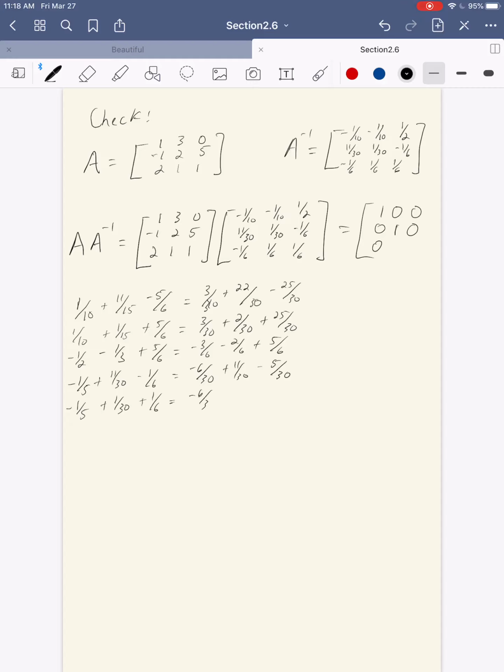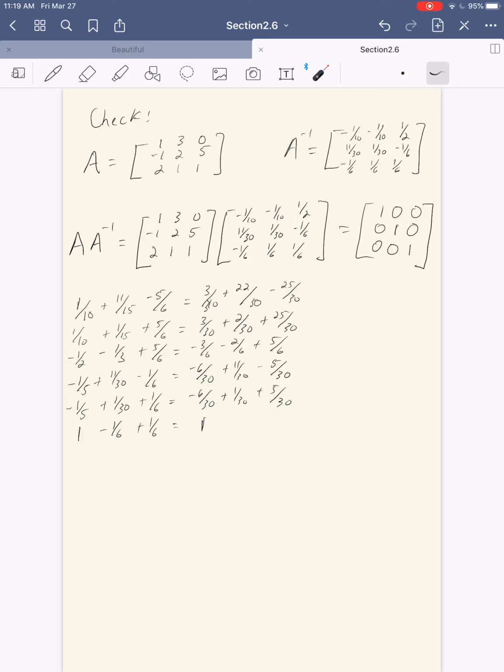That looks like negative 6 over 30, 1 over 30, and 5 over 30. So there we go, that's 0. And of course, this final row times this column looks like we should get 1 minus a 6th plus a 6th, which is indeed 1. We don't even need to write that. So we're all good.